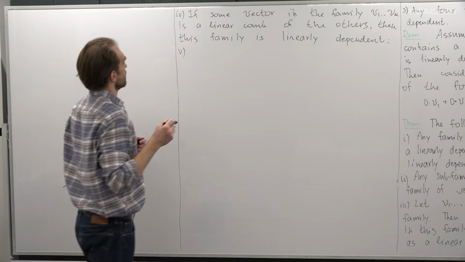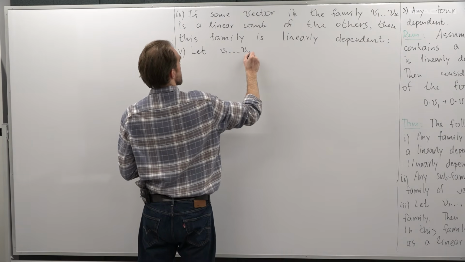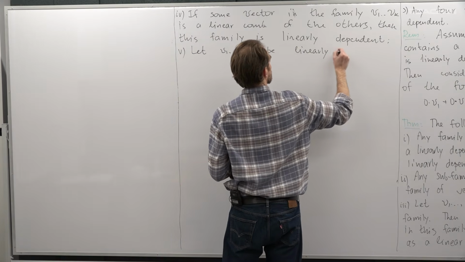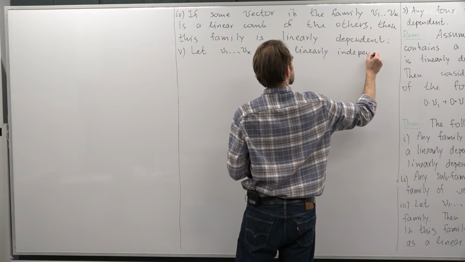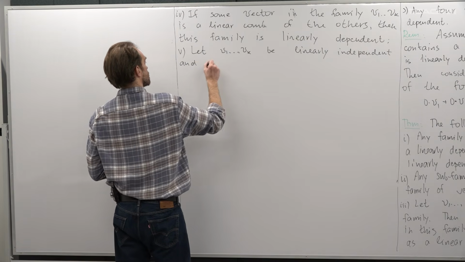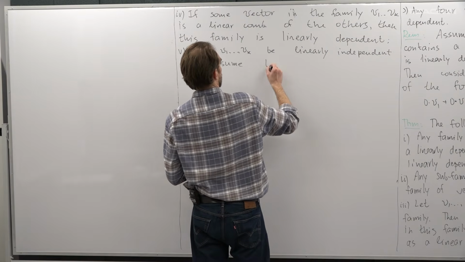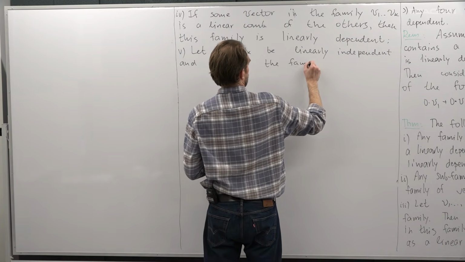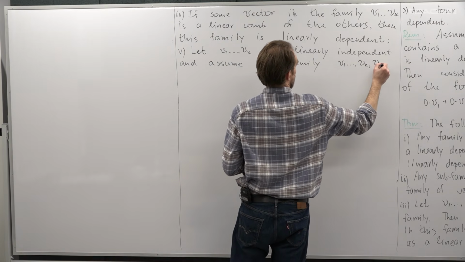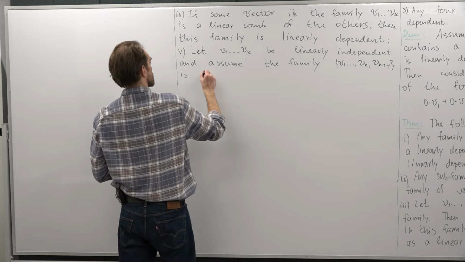Okay, so then number 5, let v1, etc., vk be linearly independent and assume the family v1, etc., vk and vk plus 1 is linearly dependent.